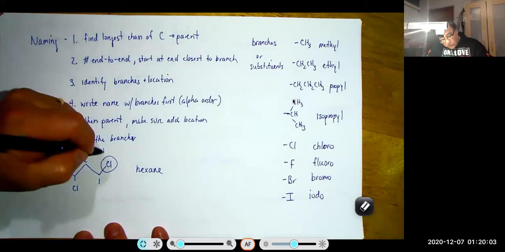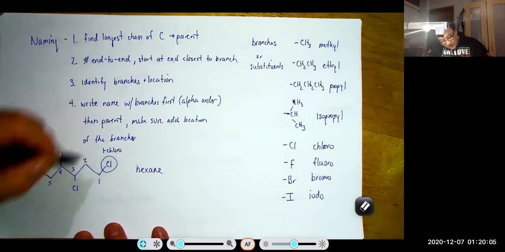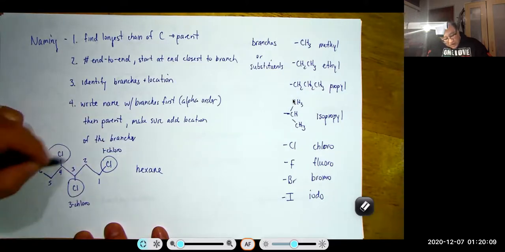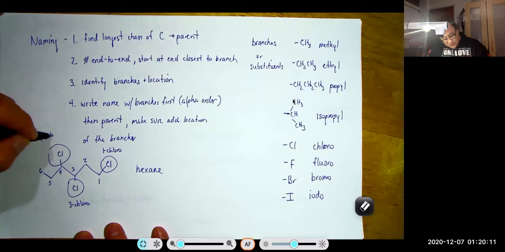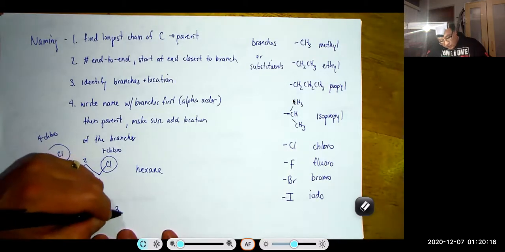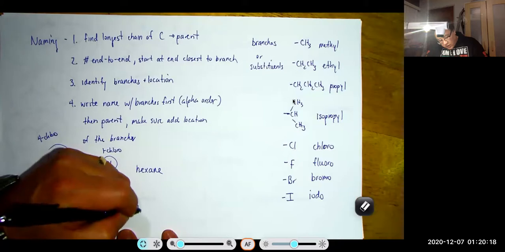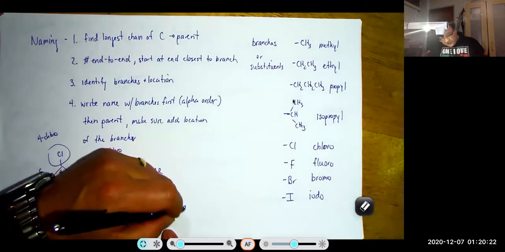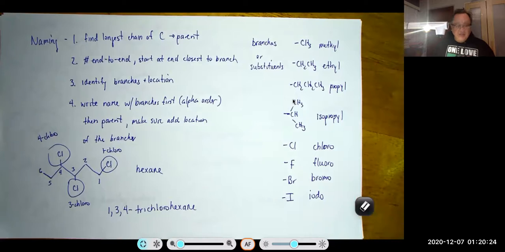It's called 1-chloro. What is this guy called? It's called 3-chloro. What's this guy called? It's called 4-chloro. So when we put it all together, we say 1, 3, 4, trichloro, hexane. And that's how you name it.